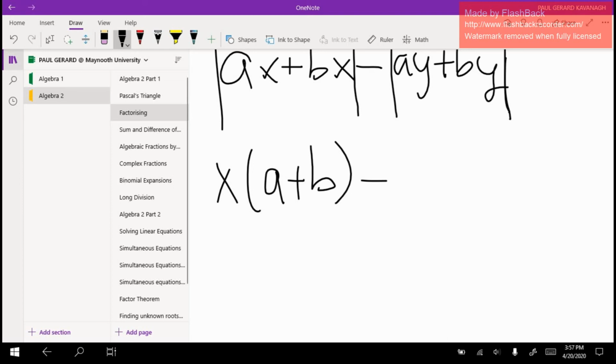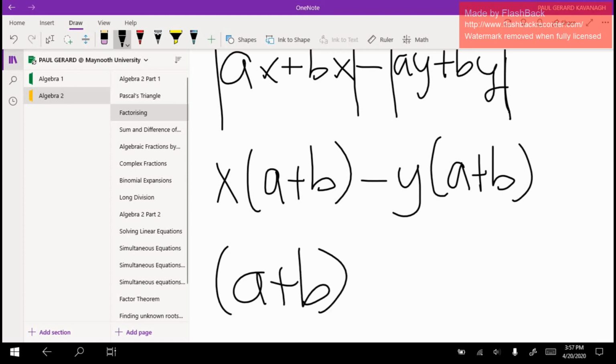The second one, there is a y in both, so you take y out, and because there's already just one y in there, it's not going to be written back again, so simply just that. To make it simpler, you see that a plus b is common in both, so what you can write is (a + b) times (x minus y). That would be grouping.